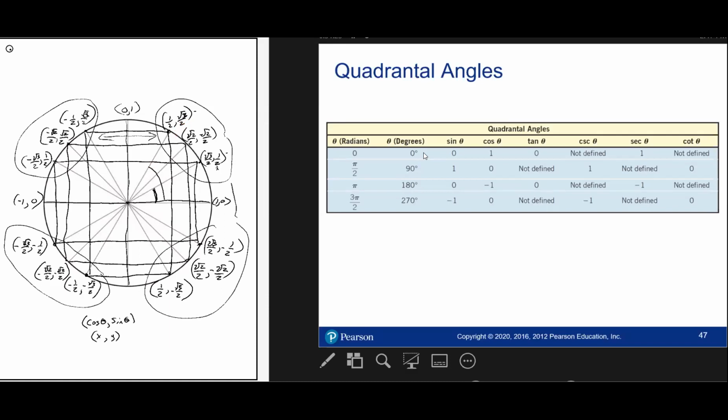Now the cosine and sine of 120 degrees, or 2/3 pi, are going to be the same as the cosine and sine of 60 degrees, or 1/3 pi, except the cosine is going to be negative now.